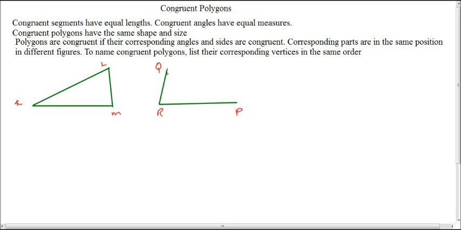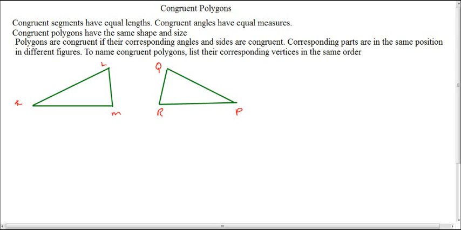And then we draw a third, and this one will run from Q to P, and we'll call this QP. So we have our three segments.